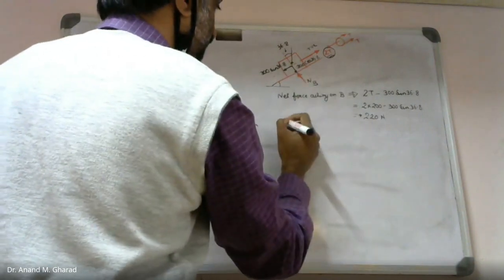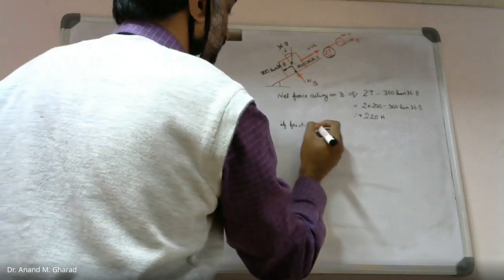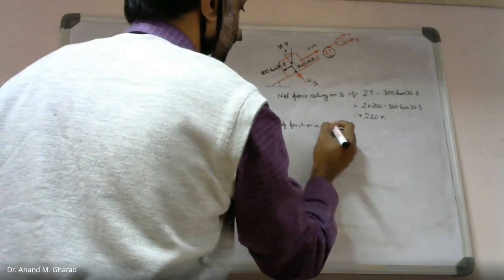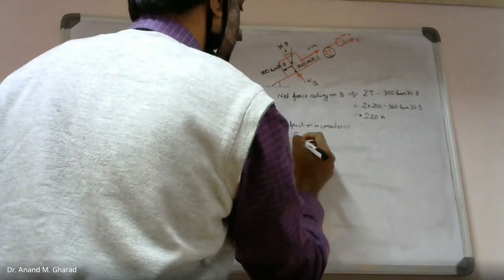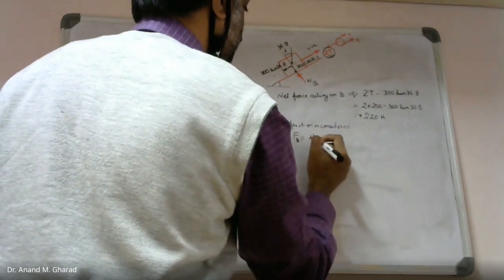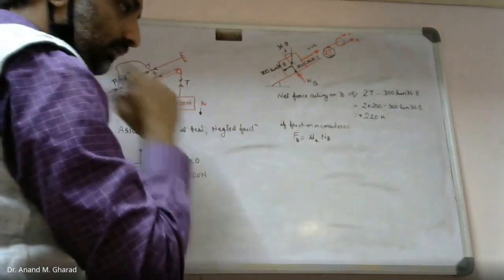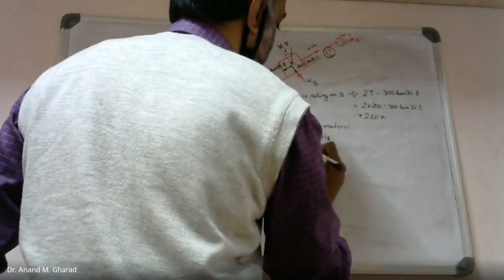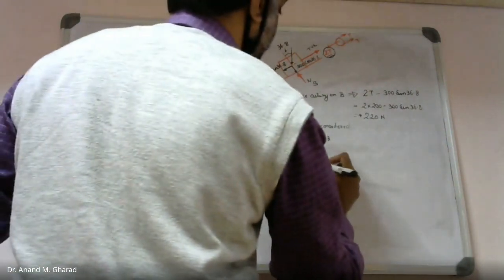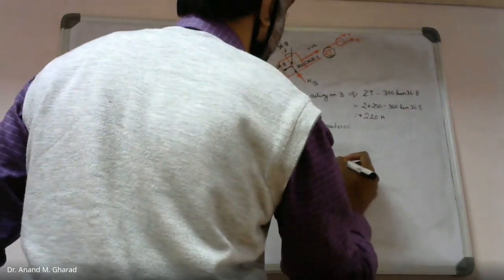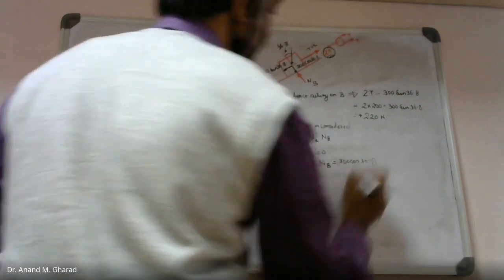Okay? So now let us verify whether our statement is correct if we consider the frictional resistance. If friction is considered, what will happen? Friction for B is equal to mu K times NB. Summation of force in y direction equal to 0, so NB is equal to 300 cos 36.8.